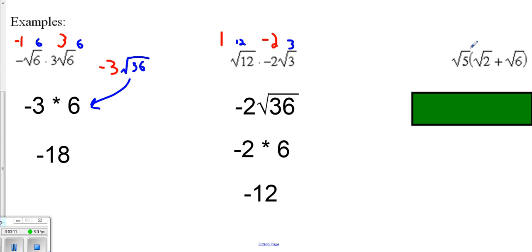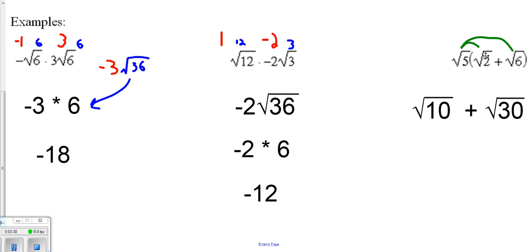For our next example, we've got square root of 5 on the outside of these parentheses, so we need to distribute it to each piece on the inside. Square root of 5 times the square root of 2, and square root of 5 times the square root of 6. When we do that, square root of 5 times square root of 2 becomes square root of 10.